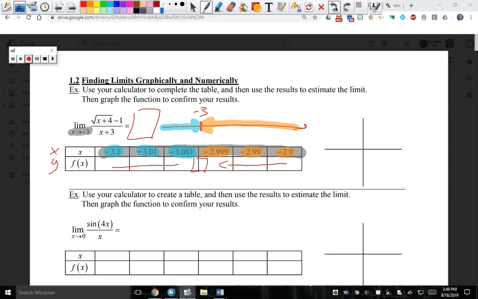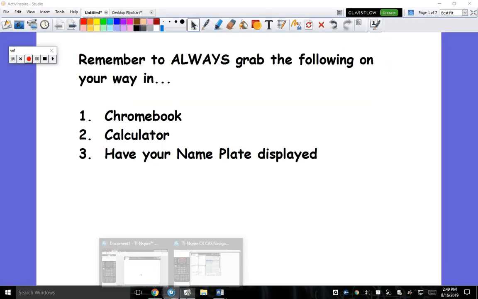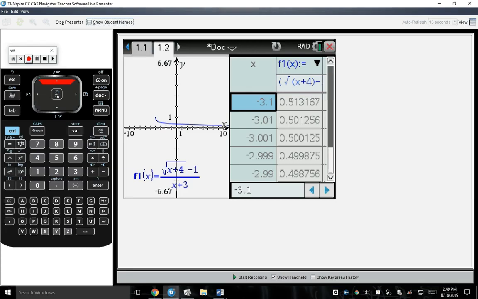So here we go. Let's go ahead and fill in these blanks from the table values that we got from our calculator. Whenever I put in negative 3.1, I got 0.513. Again, that goes back here, right there. Now, from here, what I'm going to tell you right now is you will either round or truncate all answers in calculus all year. Let me show you what that means.